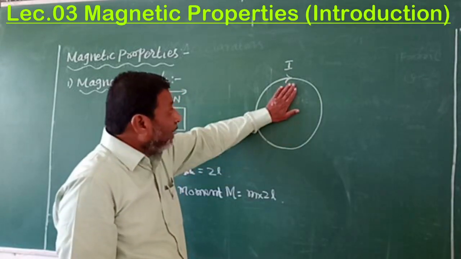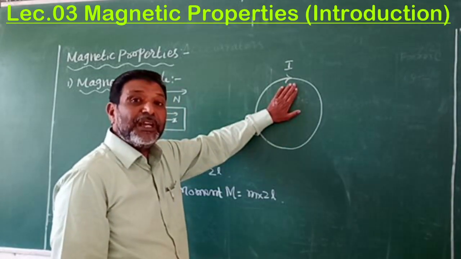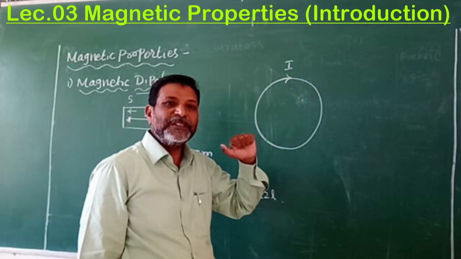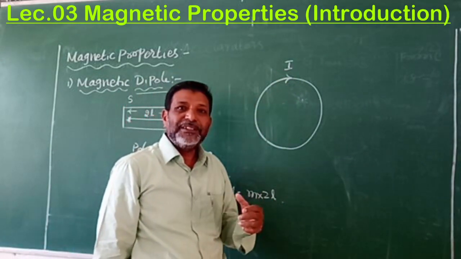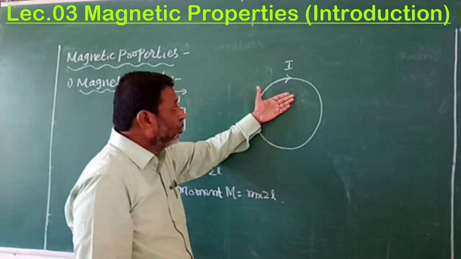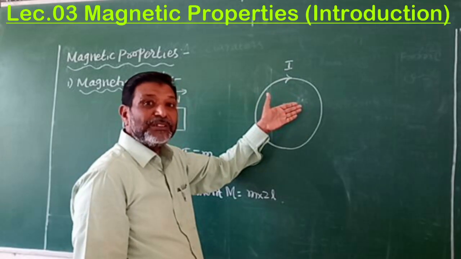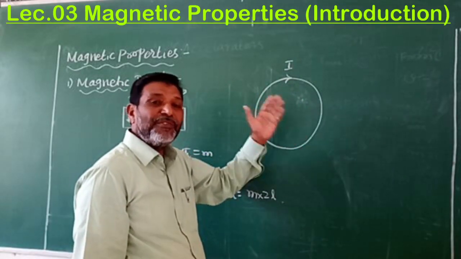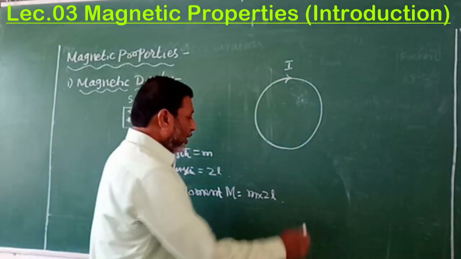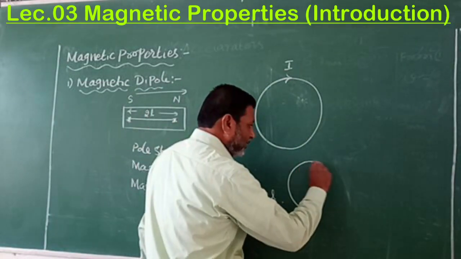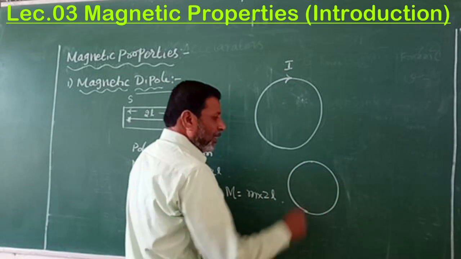Now, since it is acting like a magnet, and a magnet has two poles, north pole and south pole, how do we identify them? In this circular loop carrying current, which is the north pole and which is the south pole? To understand this, let us consider a circular loop.